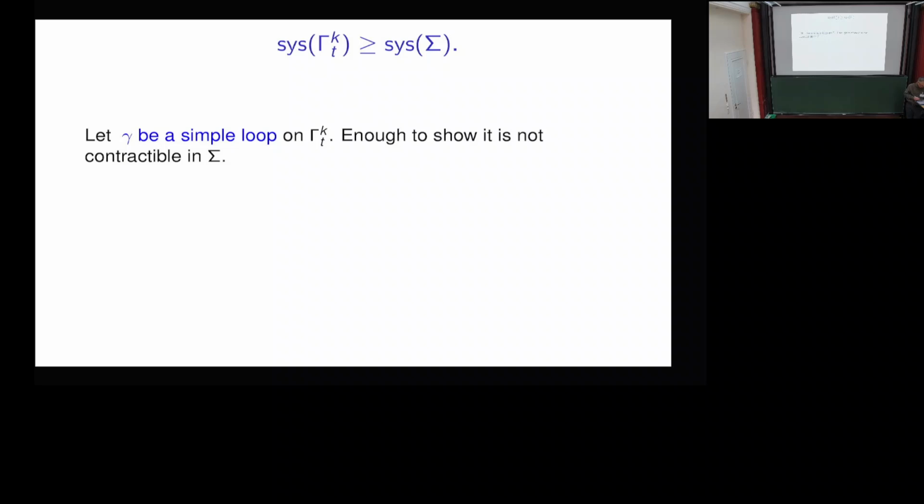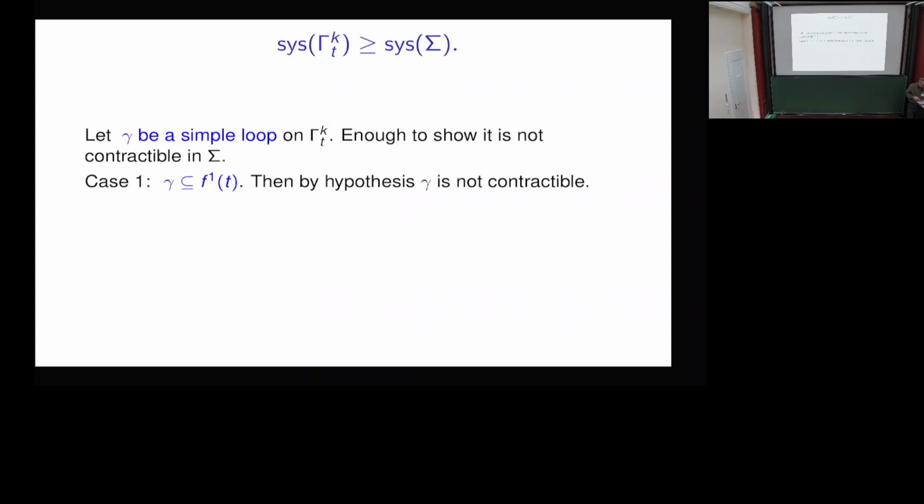Now, in fact, I said the fundamental group injects, but that's not what I'm going to prove. This is a bit more than what I will prove. I will just show that if I take a simple loop in this graph, not just any element of the fundamental group, then this is not contractible in sigma, in my surface.